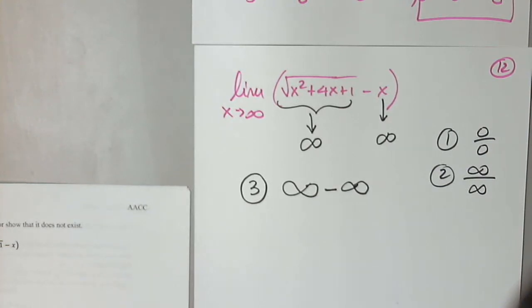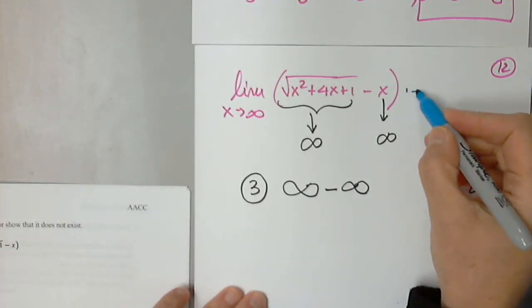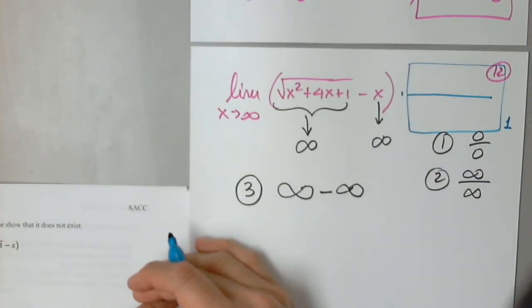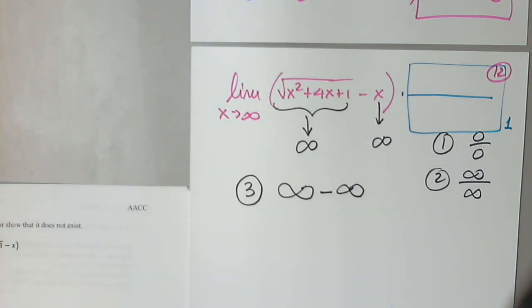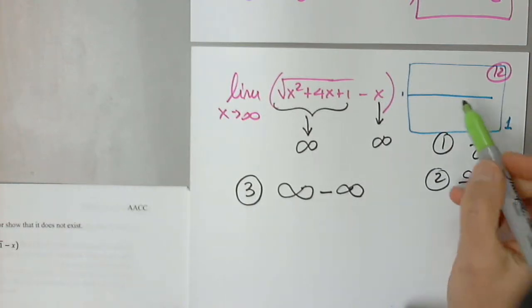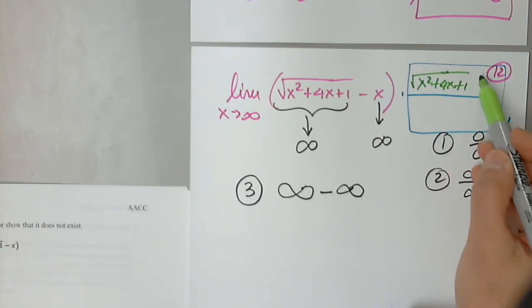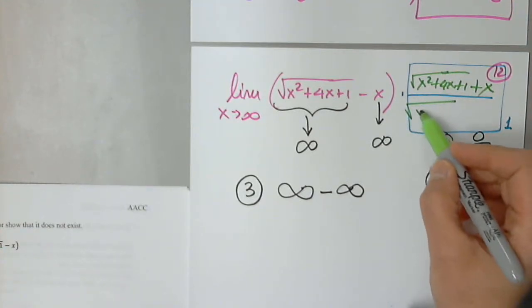However, the only chance I have is the conjugate. There is nothing else. I can only multiply by 1. But how does this 1 look like? Square root of x squared plus 4x plus 1 plus x. Very good.